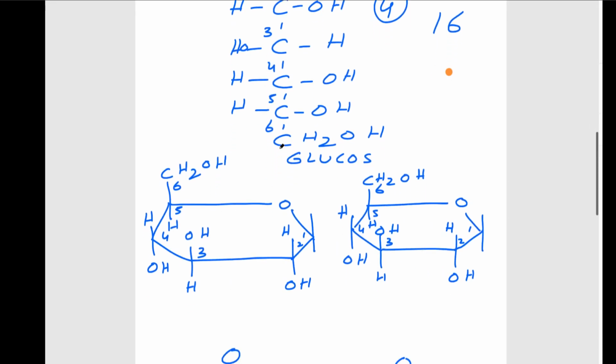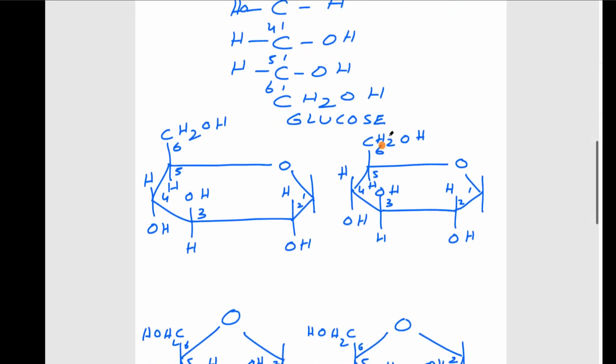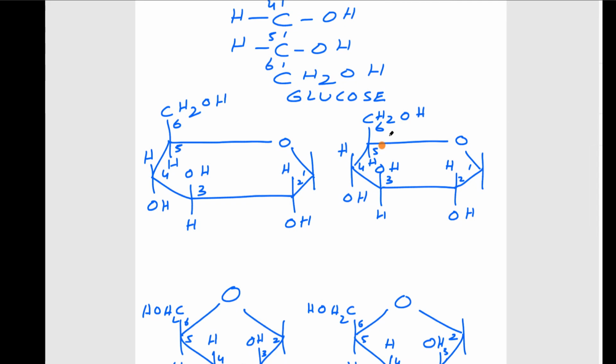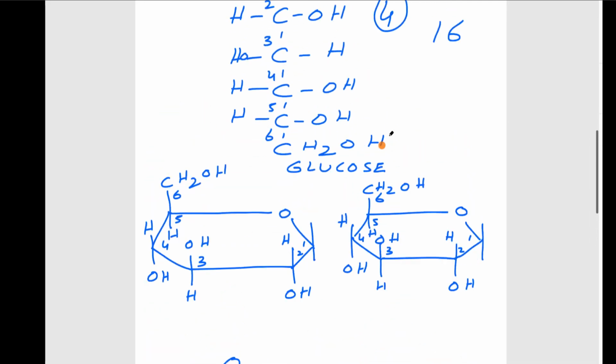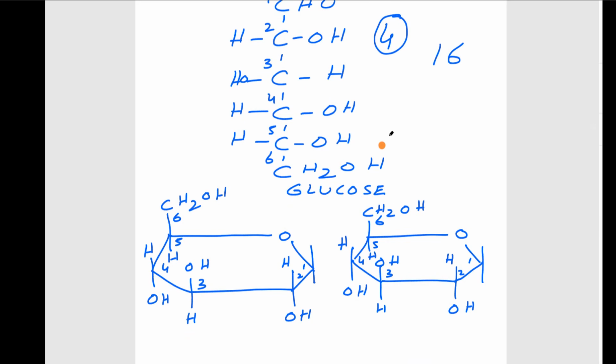When you see the cyclic structure, the first carbon also becomes an asymmetric carbon. This carbon we call the anomeric carbon. The first carbon, the anomeric carbon.